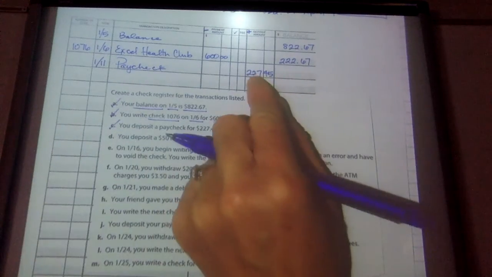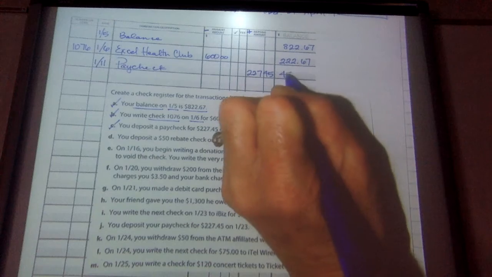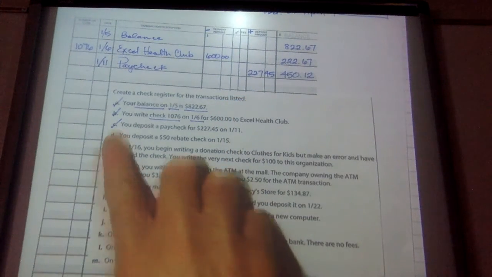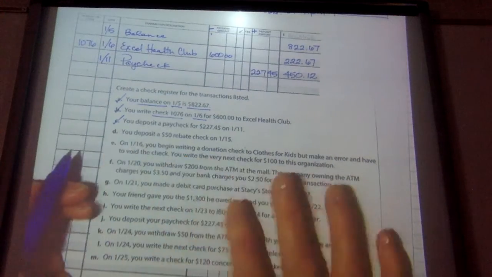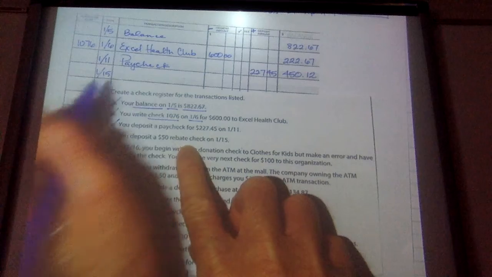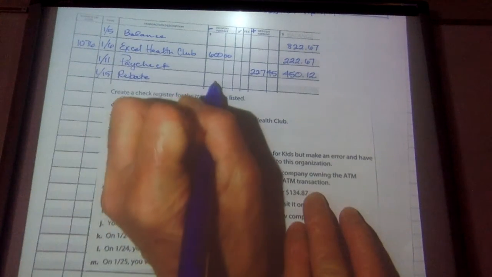And then now, because this is an addition, I'm going to add that to the 222.67. So in your calculator, add these two together. And I got my balance now is $450.12. So that's part C. Part D is another deposit. It was on January 15th. It was a rebate check. So I'm just going to put rebate for $50.